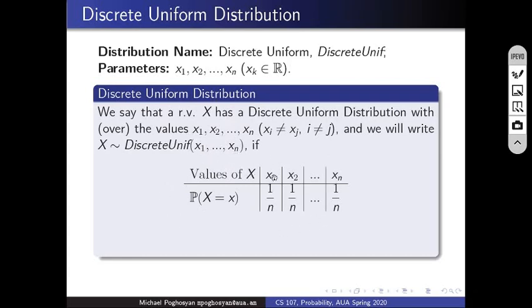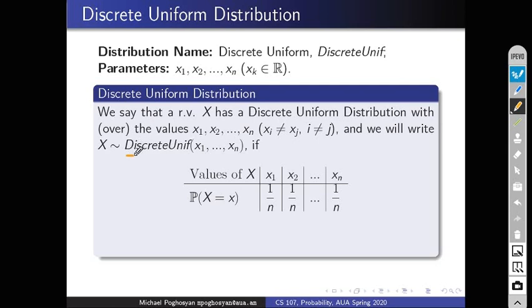So X is taking the values x1, x2, ..., xn with equal probabilities. So this is the equiprobable case. And we will write X is distributed like discrete unif(x1, ..., xn). This is not a common name, this is not a common distribution, but it is very useful. That's why I'm introducing this.